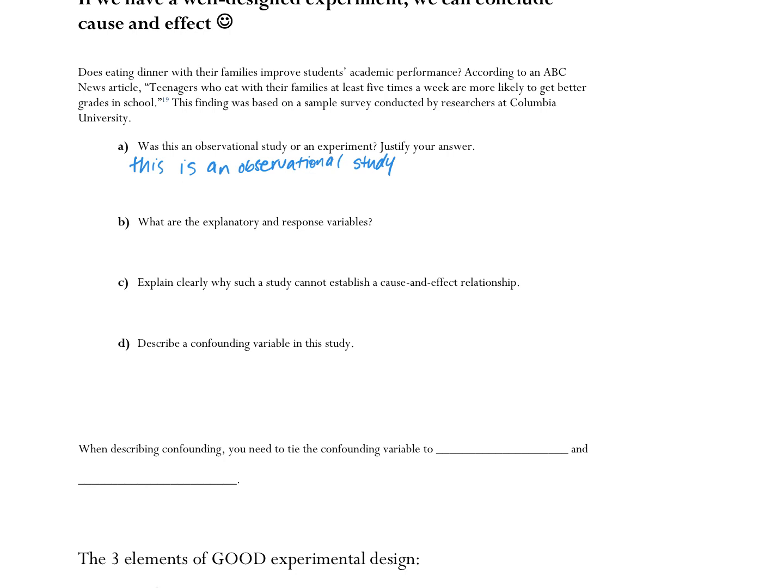And so if I really wanted to do this, I would say the dinner with family or not, I guess, was not assigned. Because that's what the treatments would be. Just adding a little bit more context here.